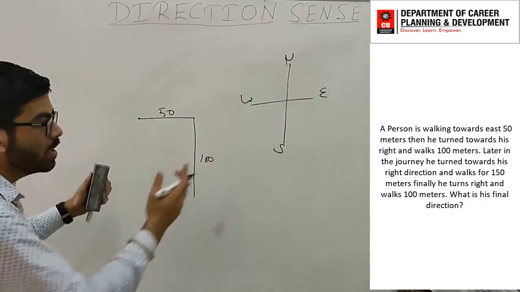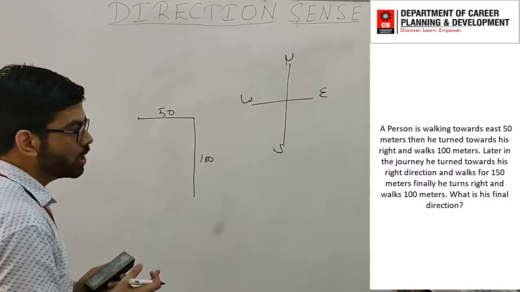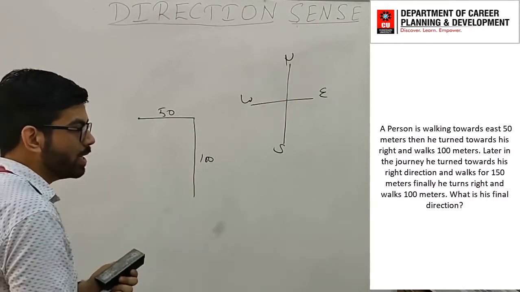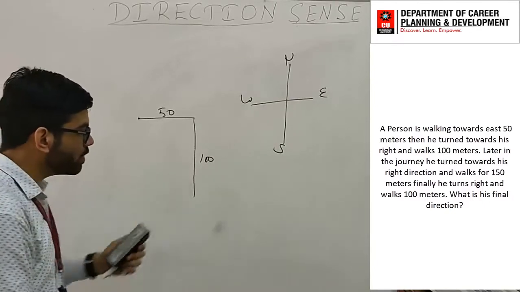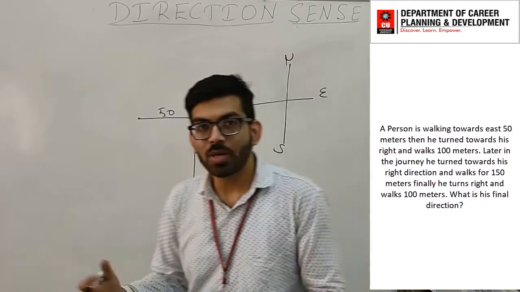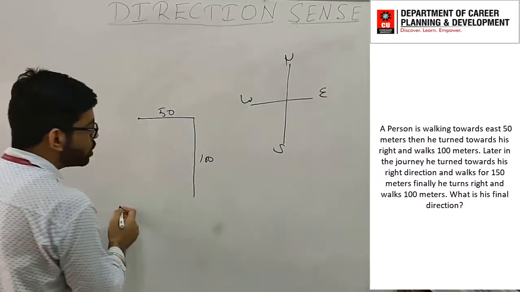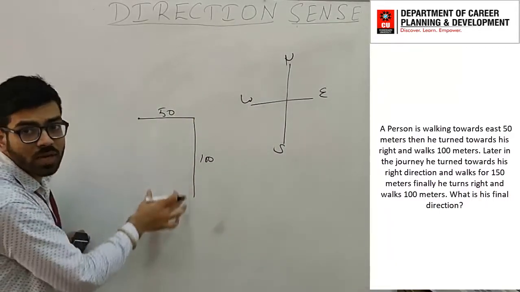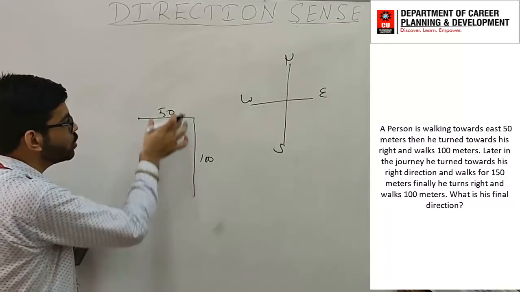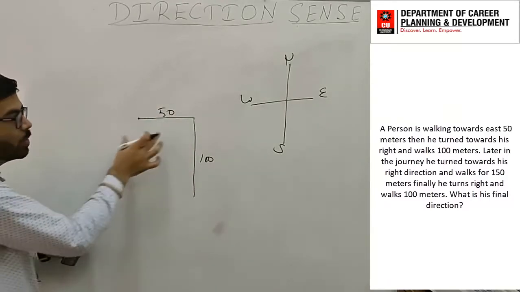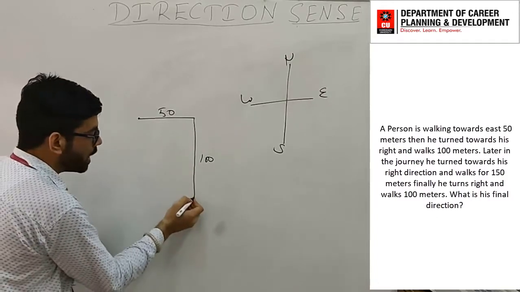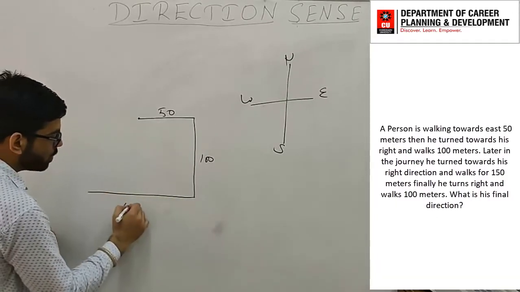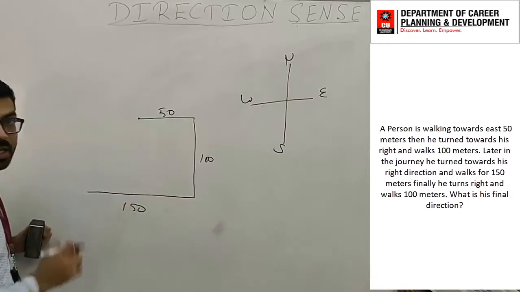The next line is, later in the journey he turned toward his right direction and walked 150 meters. So the right direction of this person facing south will be this side, and the distance is 150 meters. That means the distance should exceed this much, because this distance is represented as 50 meters, so this one will be 150 meters.